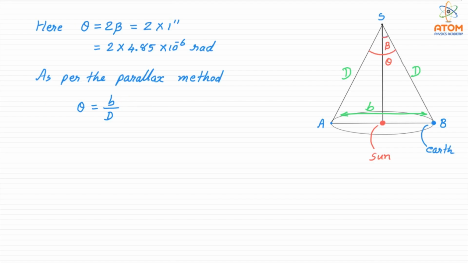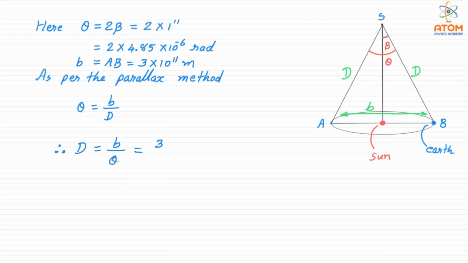Okay, now moving further, here this distance b is equal to AB, and the value of AB is given, that is 3 into 10 raised to 11 meter. Now we can use this equation and make D the subject, so capital D will be equal to B upon theta. Now we know all the values.